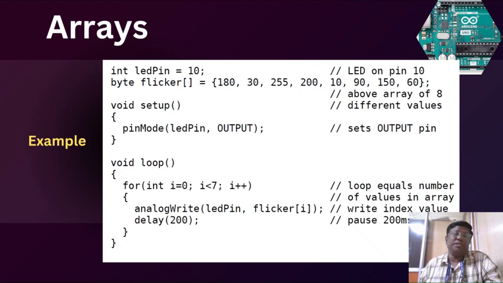So it will analog write 180. And the next time I equal to 1, it will go with 30. And I equal to 2, it will take 255, and goes on. Okay. So similarly, you can use the array as a flicker. You can use that again as needed.